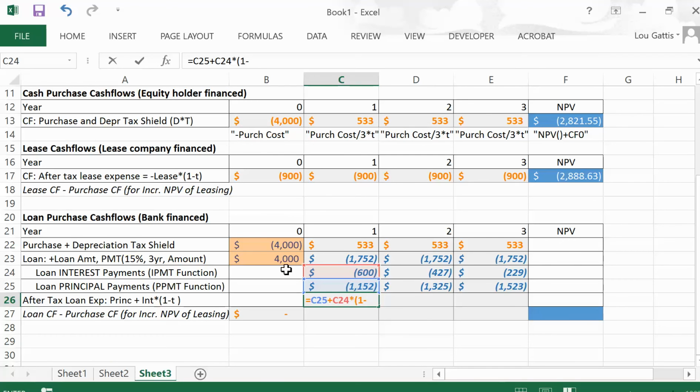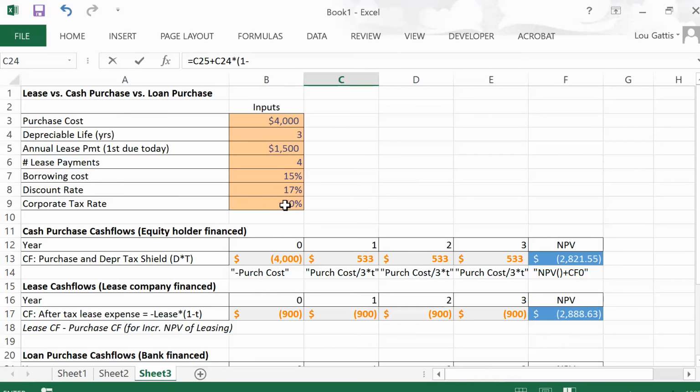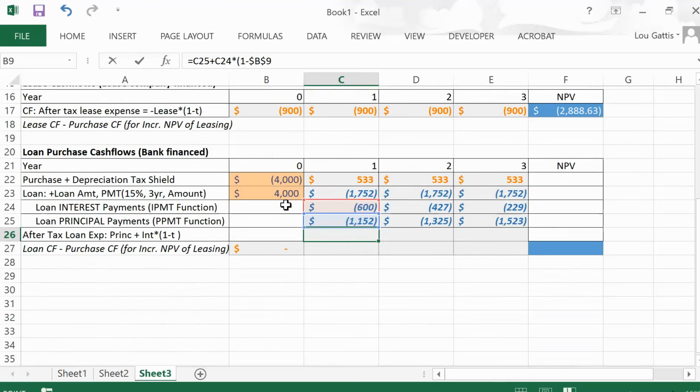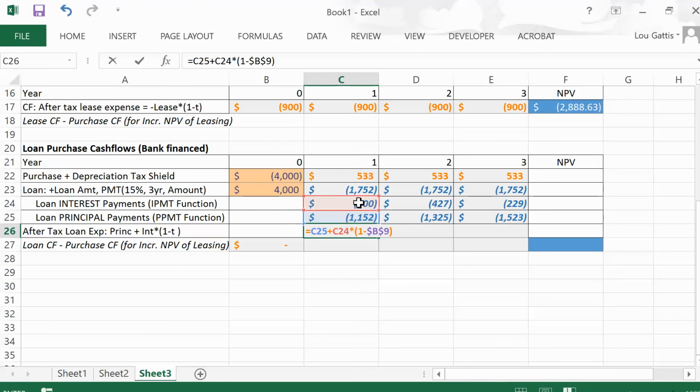I'm going to pay 1 minus the tax rate. The tax rate's 40%. I'm going to anchor that. So I'm actually only going to pay 60% of it. In other words, it's going to create a tax shield. So the after-tax cost of this loan is only $1,512, $1,580, and $1,660. So this is the after-tax cost of the loan.